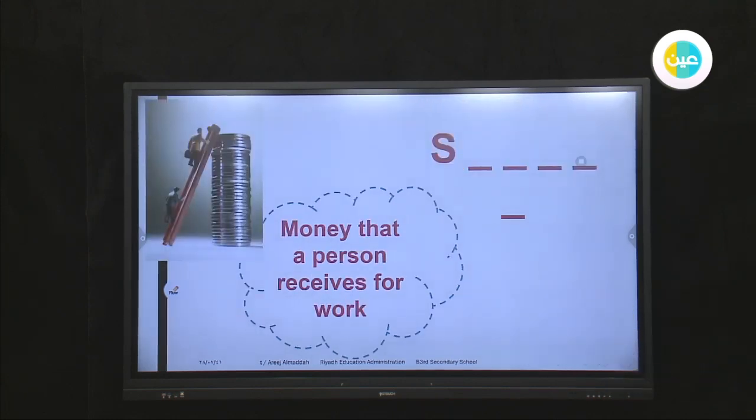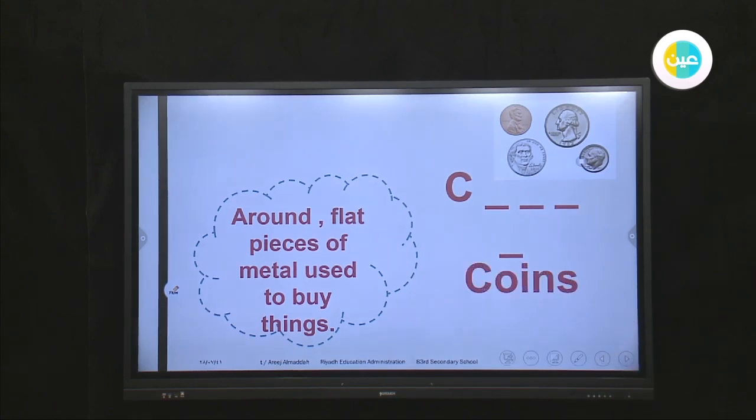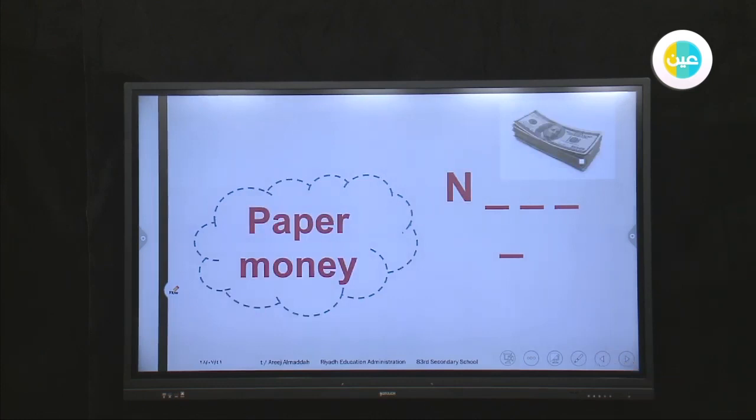Money that a person receives for work. Start with S, we call it salary. Round flat pieces of metal used to buy things, start with C, it is, or they are, coins. Paper money, start with N, notes.